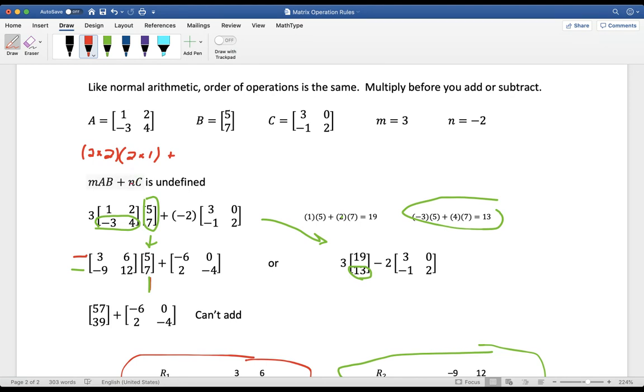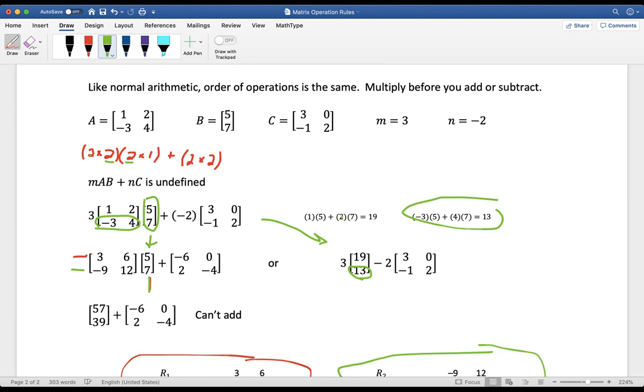And again, I don't worry about scalars when it comes to size. So C is a 2 by 2 matrix. So I'm going to add that to a 2 by 2 matrix. And now order of operations says I do this multiplication first. So I make sure I look here and say, okay, the number of columns does equal the number of rows. So what's my outcome?